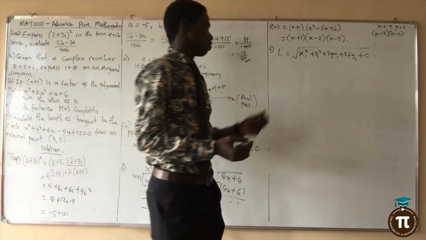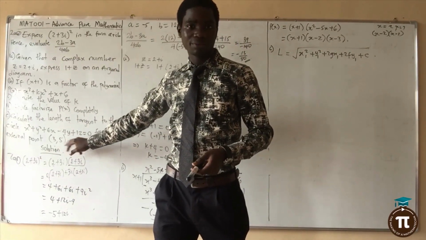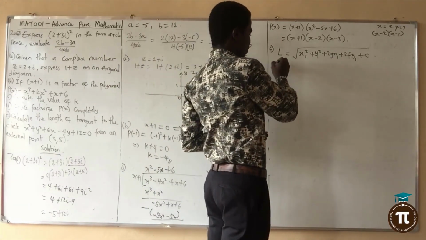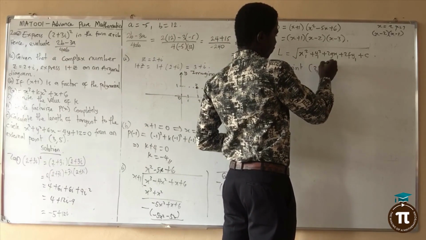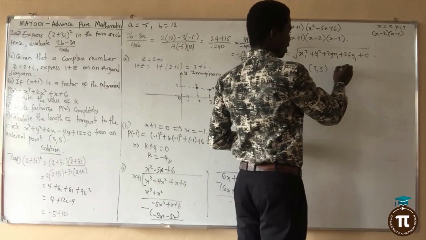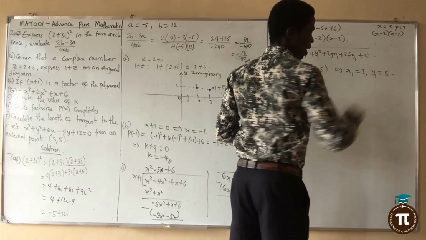And that's all. Now, but let's come to this question now. What is x1 and y1? This 3, 5 is, so they say at point 3, 5. So that means that x1 is 3, y1 is 5.